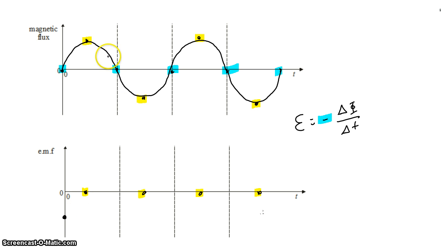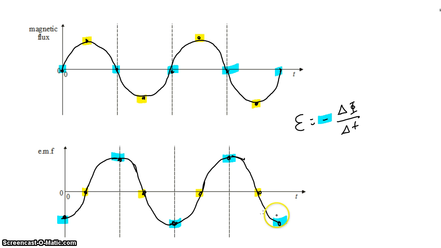And whenever the flux is falling at its maximum rate, the EMF is at a maximum. And we get another sinusoid, but it is not the same sinusoid. It's out of phase by 90 degrees. Try and draw a nice, neat sinusoid, out of phase by 90 degrees.